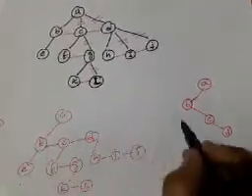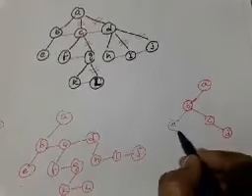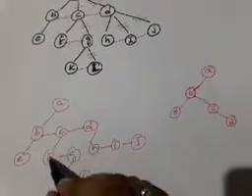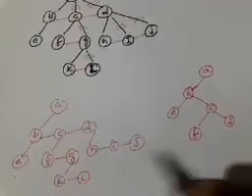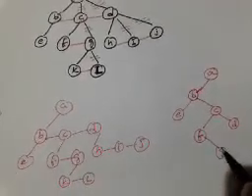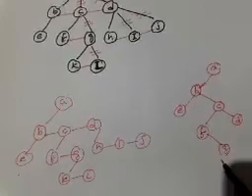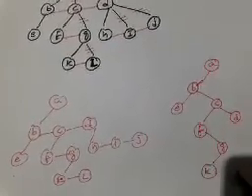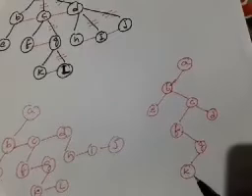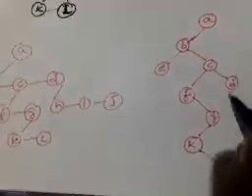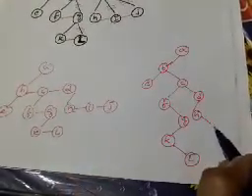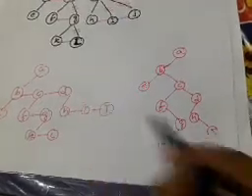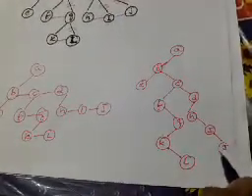B to E, since it's a left child, will remain on the left side. Now again C to F, F to G, G comes at the right. G to K, it's left, so it remains as left, whereas K to L goes to the right. Similarly, now D, the leftmost child H would be left, whereas I would come at right, and J, since it's a sibling, will come to the right of I.